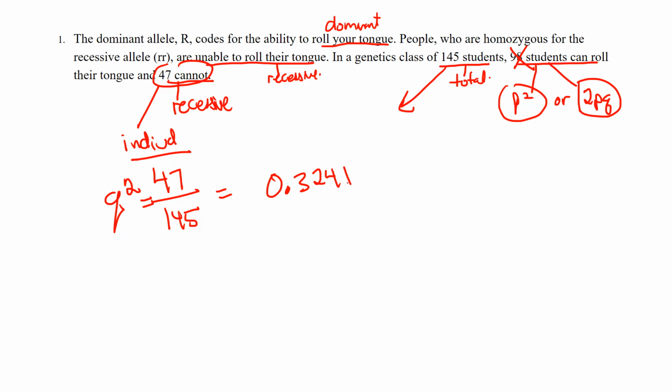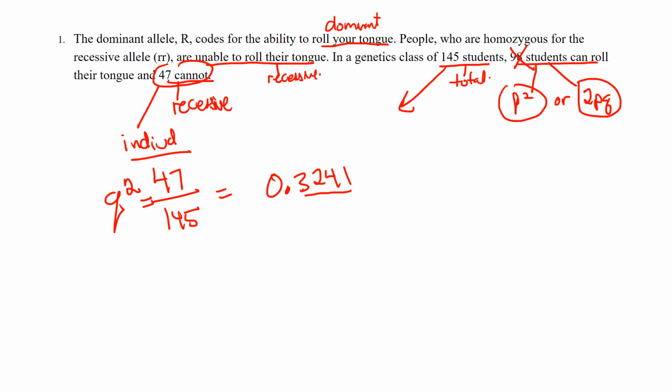So you keep at least 4 decimal places. I know there are other digits behind that, but if we keep at least 4, it will not change our answer significantly at all. So that's what the value is, what they've given us. We had to take the 47 recessive individuals that can't, divide that over the total number of people in the study, and then we come up with the frequency of that recessive genotype.